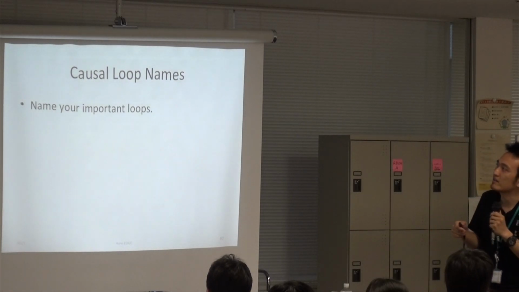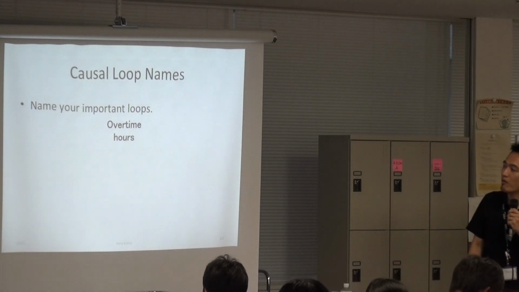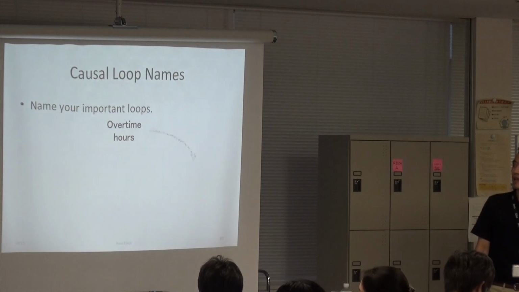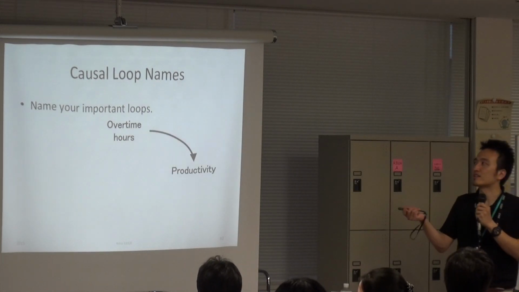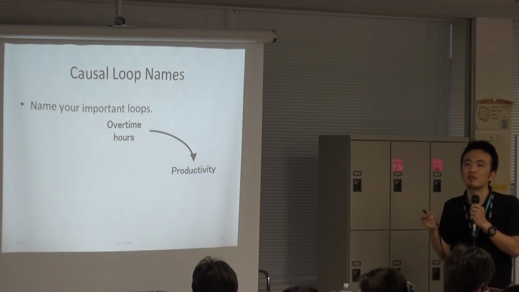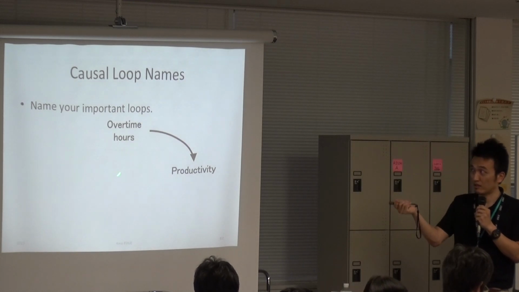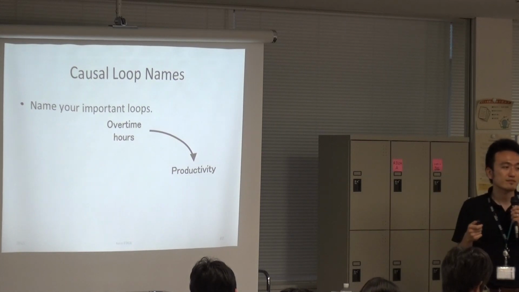Alright, let's do the next example. Help me identify the causal links. Overtime hours and productivity. If you have fewer overtime hours, what happens to productivity?